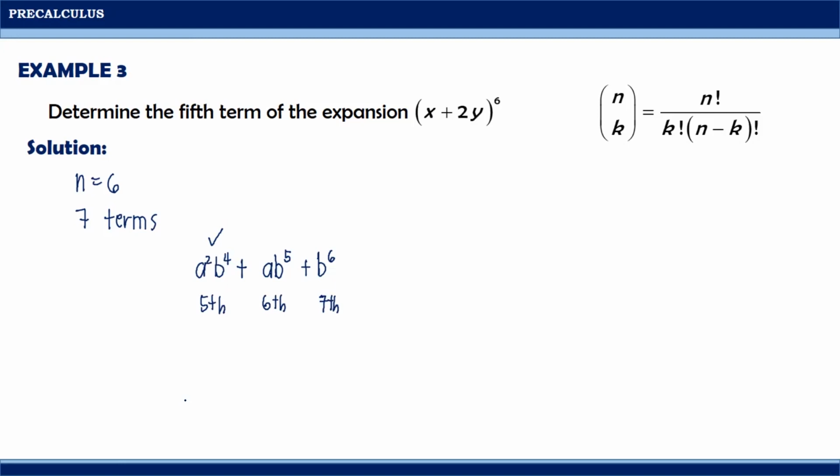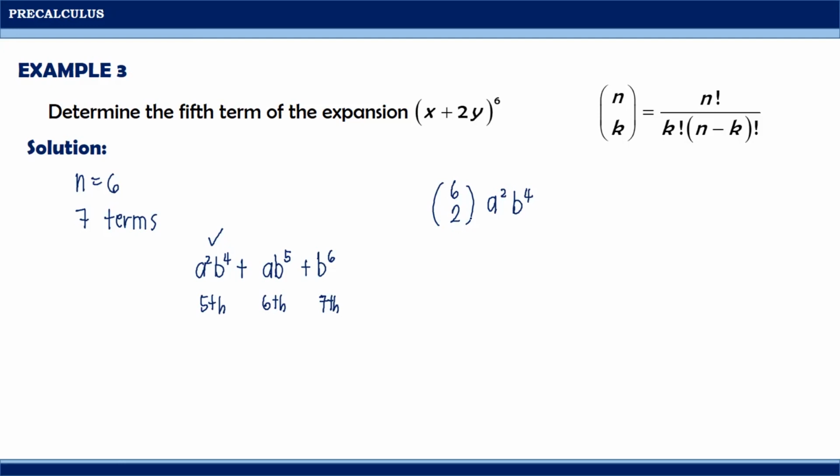Since we are looking for the 5th term as well, it only follows that since we have 2 here, the term is actually equal to 6 taken 2 times a squared b raised to 4. Because remember that the exponent here and the number here are always equal.